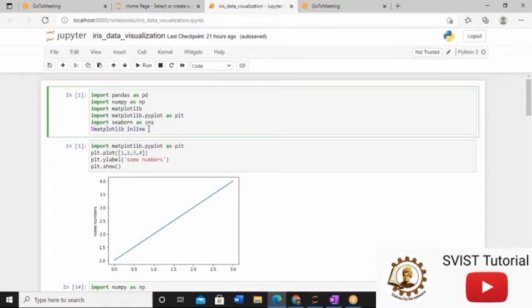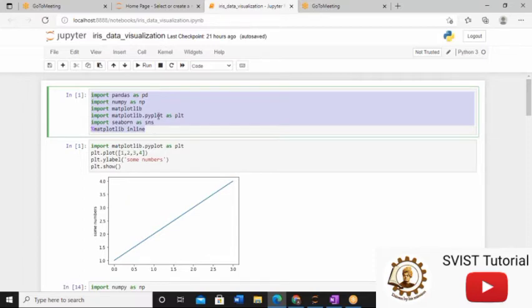Today there is only one conclusion from my side: whichever libraries we are using, we are using them because we want to see some graphical representation.